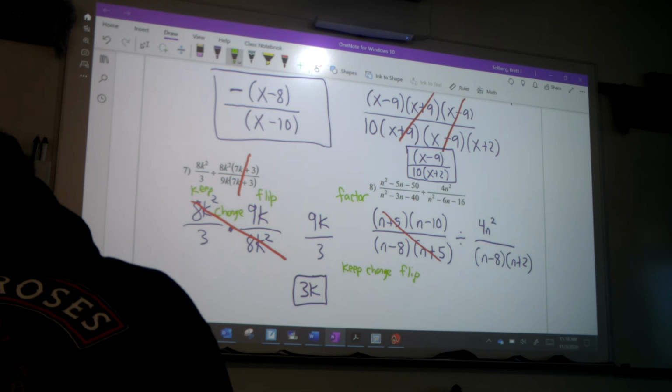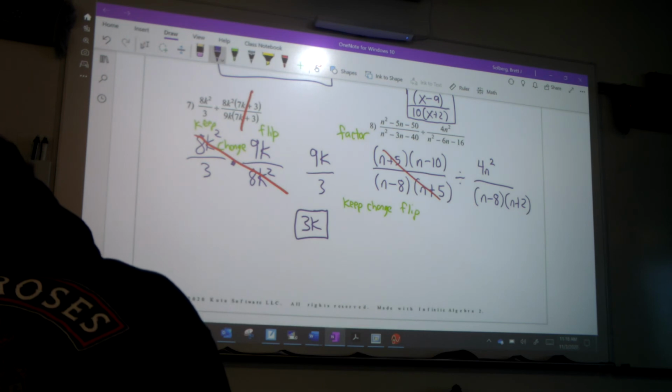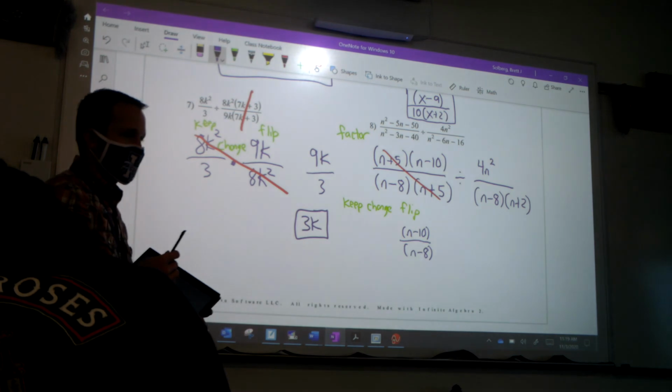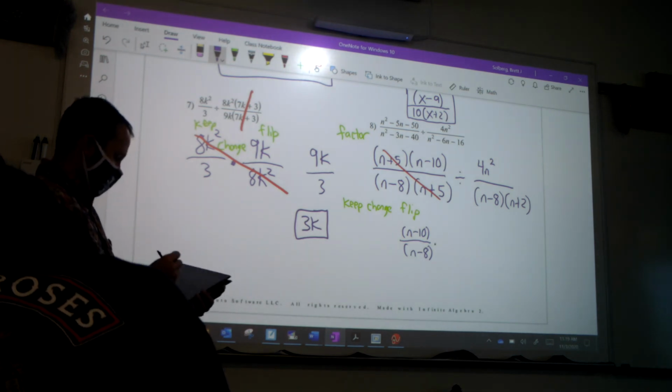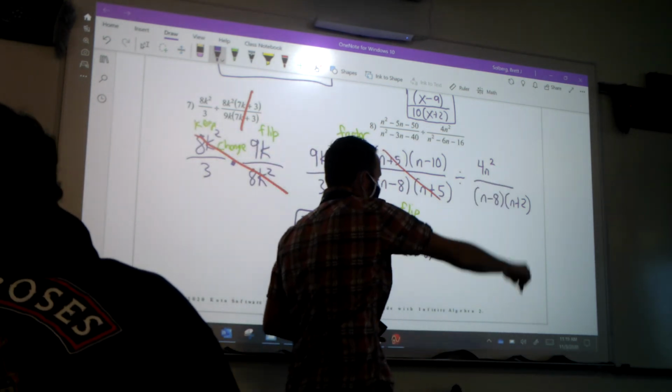Embryona, can you tell us how we would keep, change, flip for this one? We're going to keep the n minus 10 and the n minus 8. So we're just keeping that the same. But we're going to change it from division to multiplying. So it's just a dot. And then the last one, just flip it over.